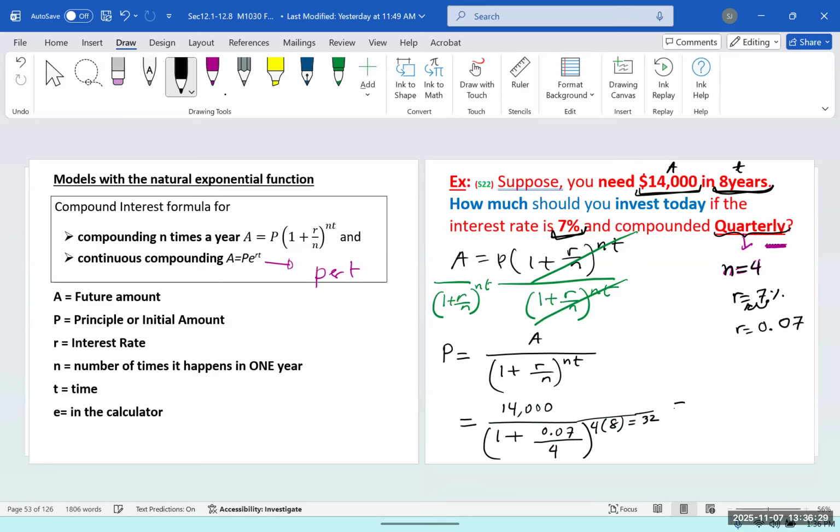Okay, go ahead, use a calculator and find out how much you have to spend today. And you have to be accurate. Otherwise, the customer can sue you.